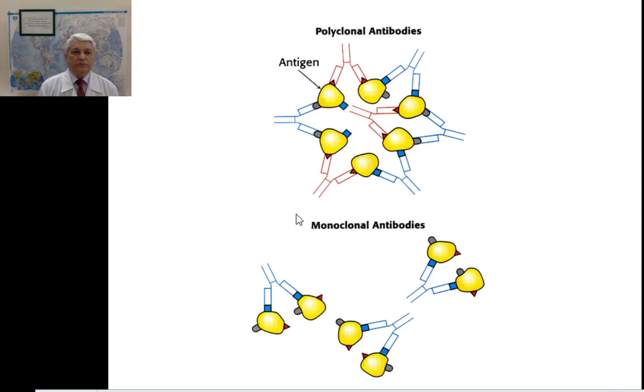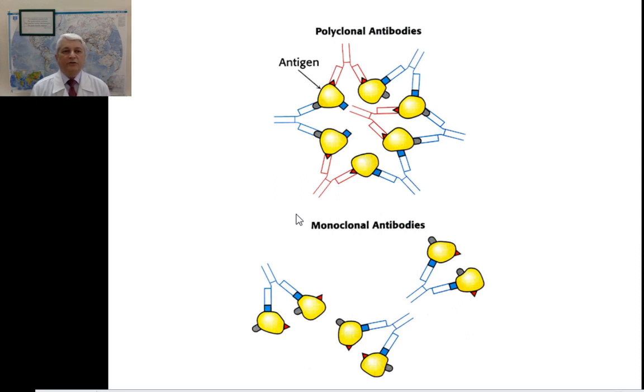What is clone? We say the different clones of B lymphocytes. What is clone? Clone is the group of the cells which appeared from one cell. So one cell began to divide, and finally it produced a group of the cells which we call clone.